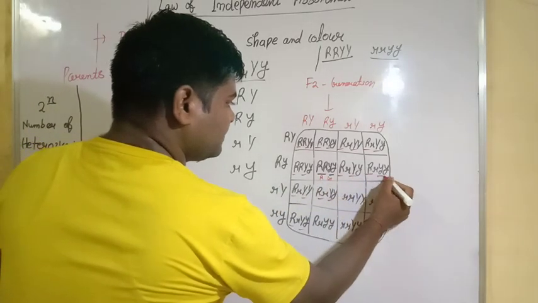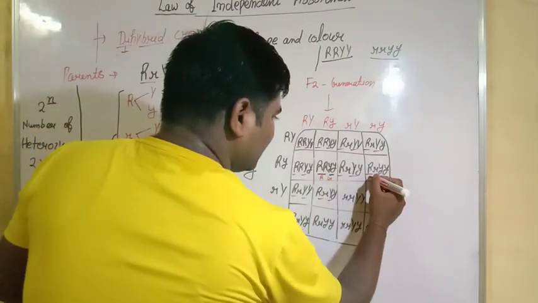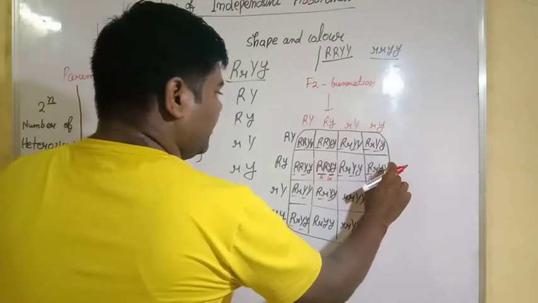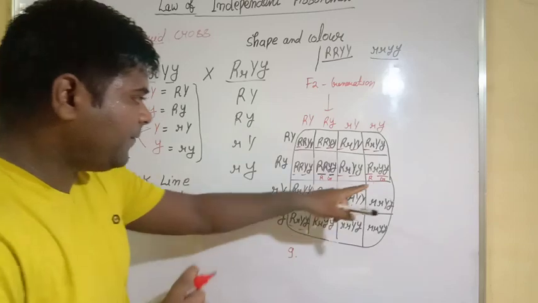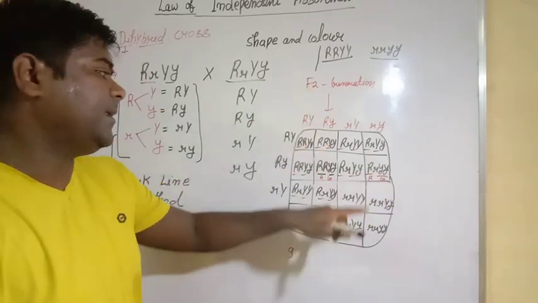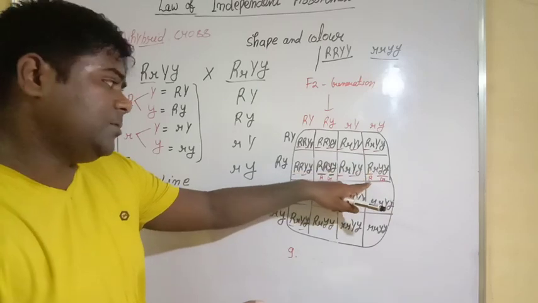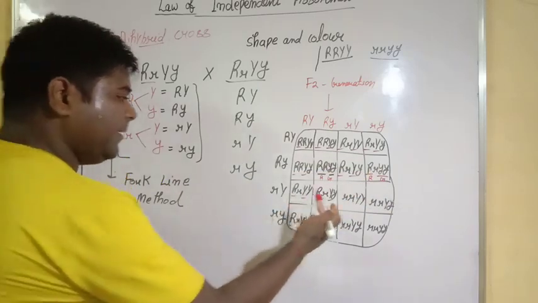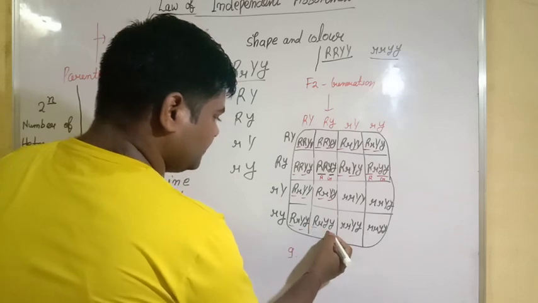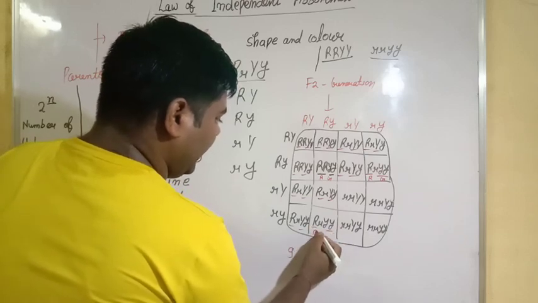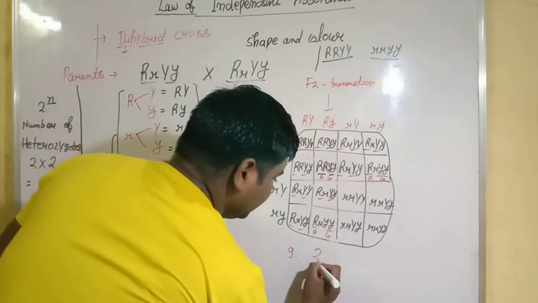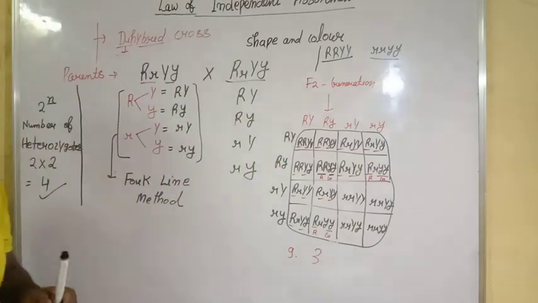This one is round and green. See that one? Both the factors of color are small and we have the dominant one for shape, so round will appear. And then see this one, round and green. So we have 3 round and green.